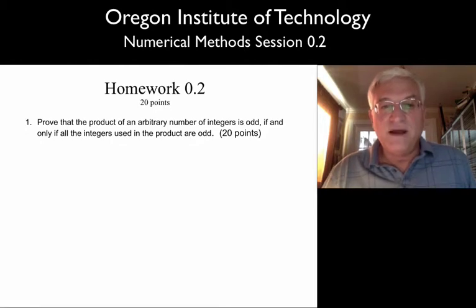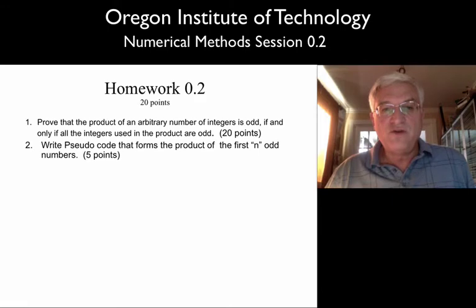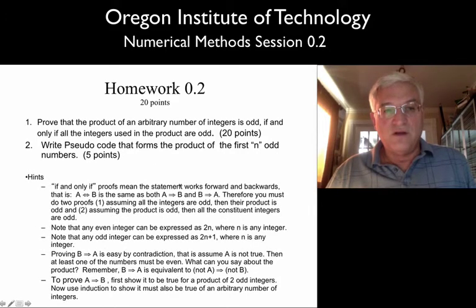So that's what we mean by an if and only if statement. It works both ways. After you prove that, write the pseudocode that forms the product of the first n odd numbers. This is one of the few times you will turn in your pseudocode. Most of the time you won't, but since it's part of your homework, we will on this one.